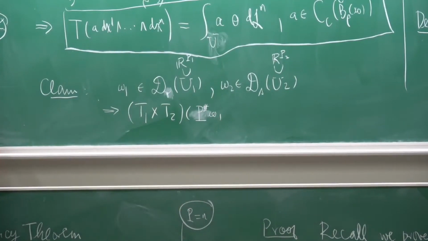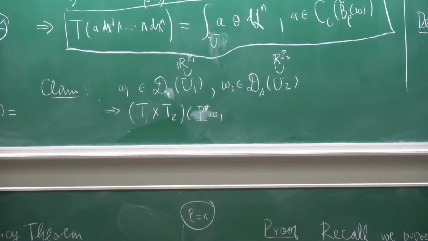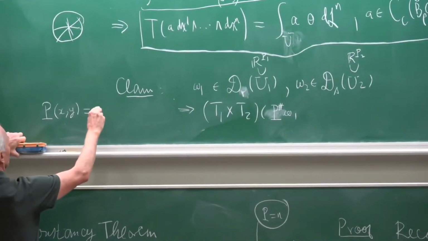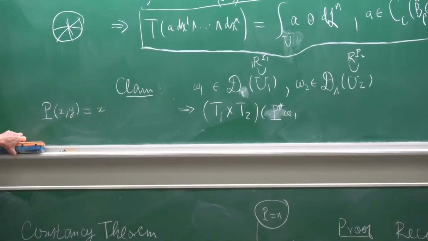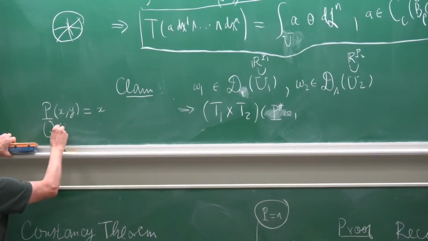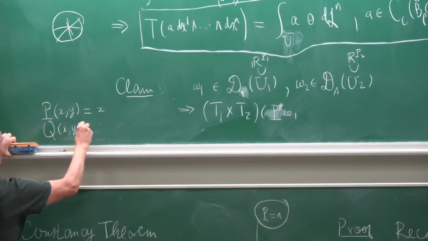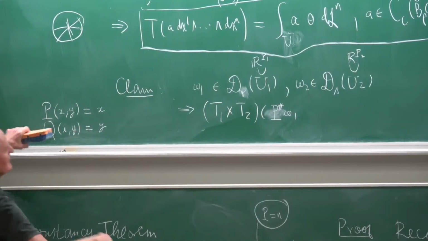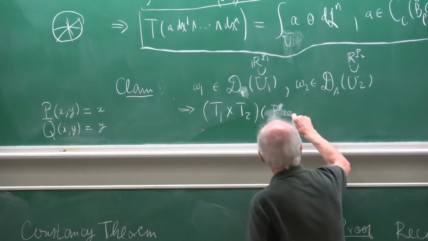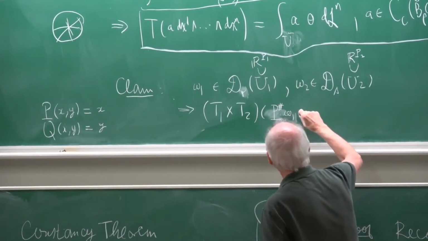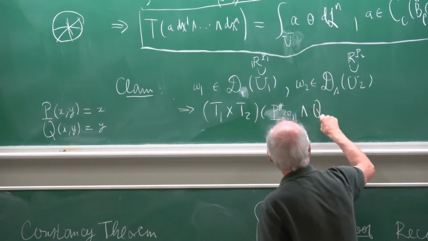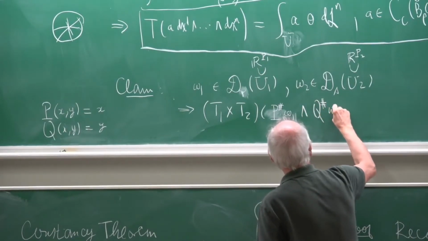So I'm going to use a pullback P sharp for omega 1. So P is going to be the projection that takes a point (x, y) and gives you x. And Q, similarly, is going to be a projection that takes (x, y) and gives you y. And then I'm going to do P sharp omega 1 wedge Q sharp omega 2.